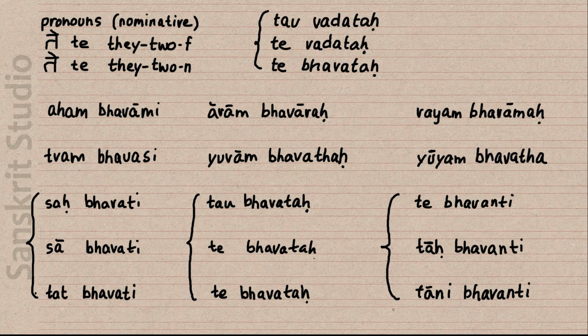But the important thing here is that these are just the nominative forms, and so when the pronoun is the subject in the sentence, like for instance, sa vadati up here, sa is the active person who is doing the speaking.